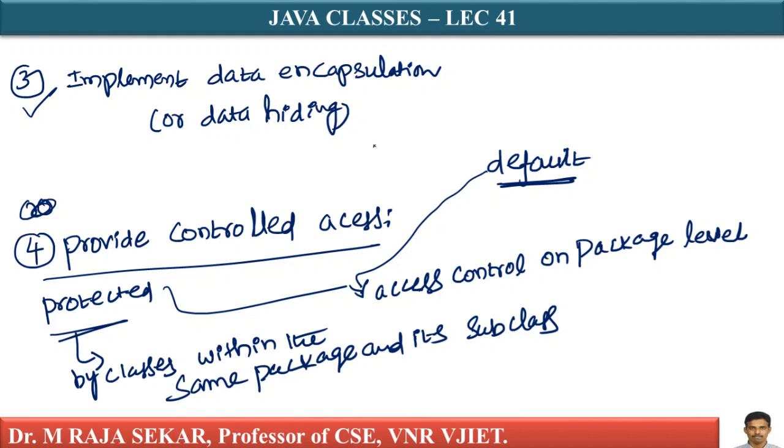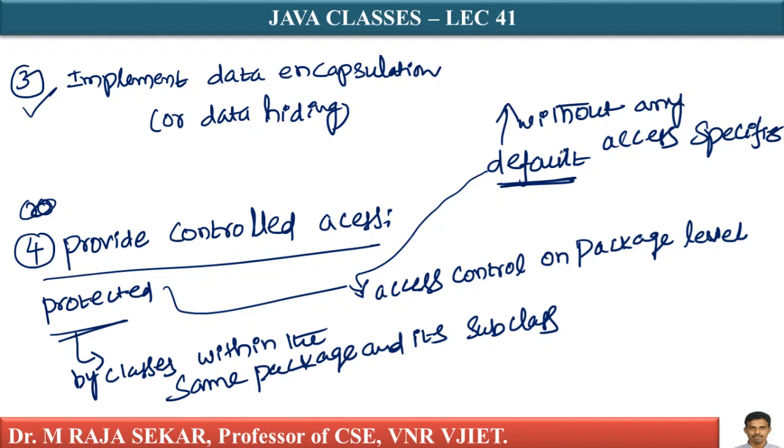What is default? A member without any access specifier. If you are not specifying any access specifier, the system will treat it as default. What is the property of this default?